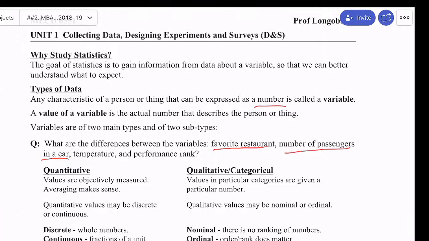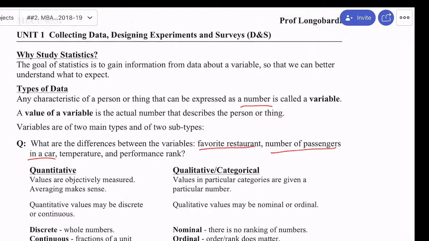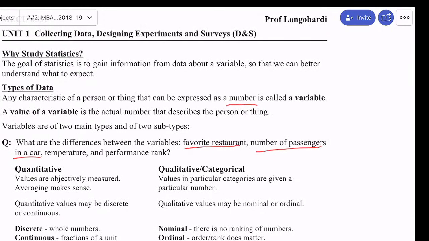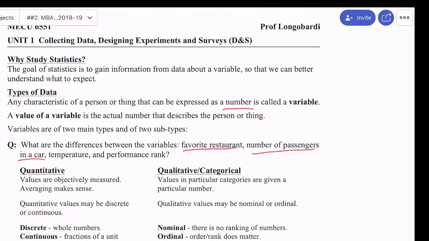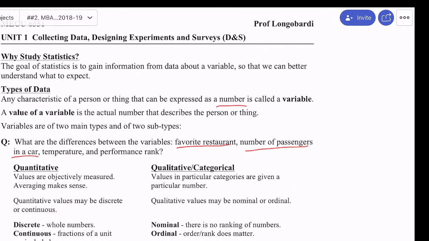Favorite restaurant. Imagine you want to gather information on people's favorite restaurant.